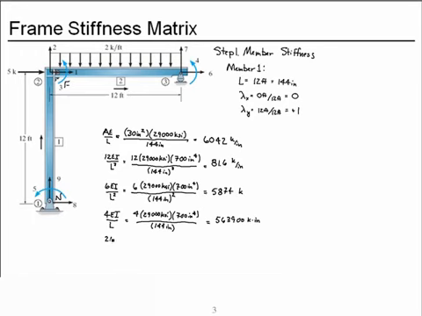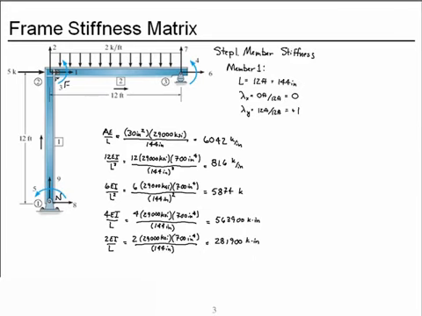And 2 EI over L will be half of that quantity, but I will write this out longhand. And that gives us 281,900 kip inches.